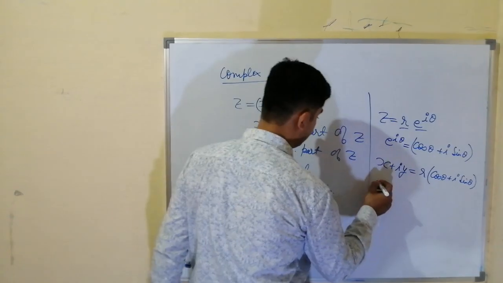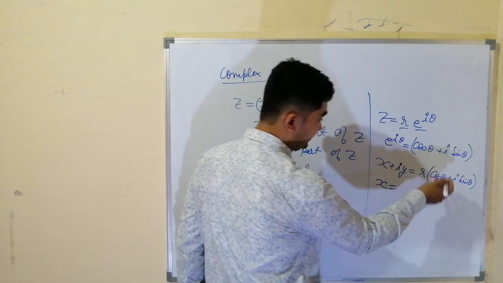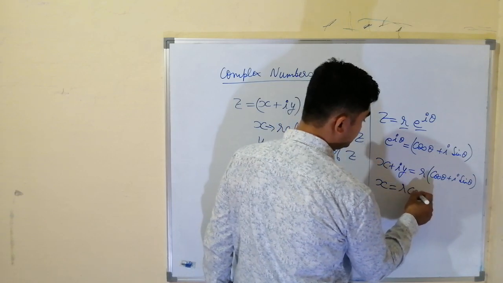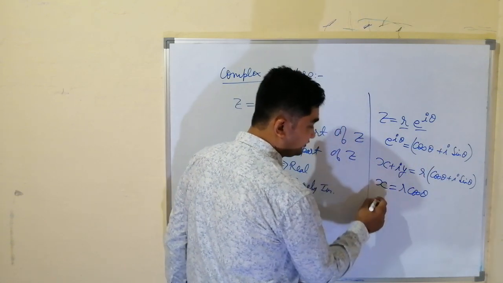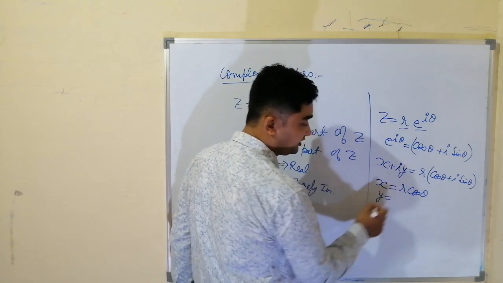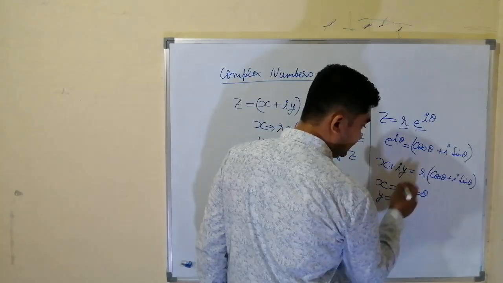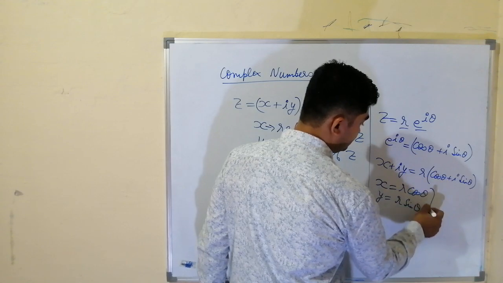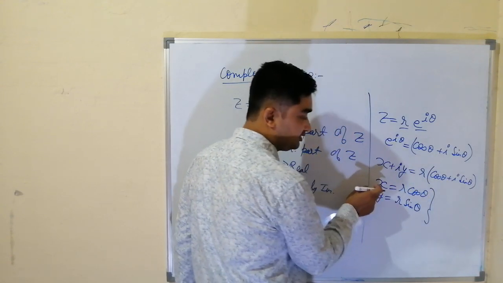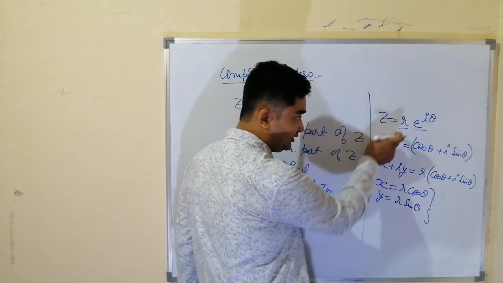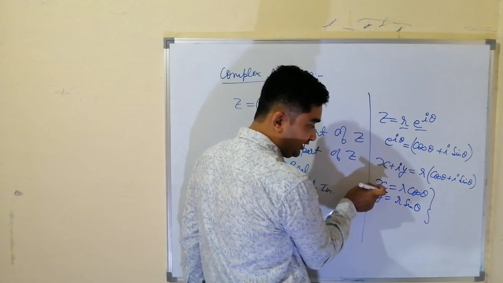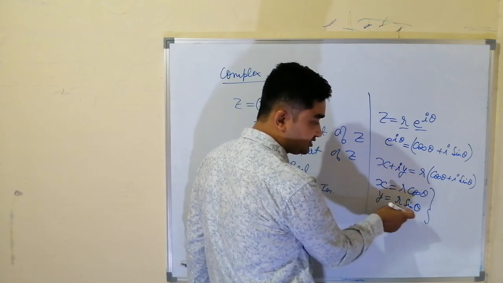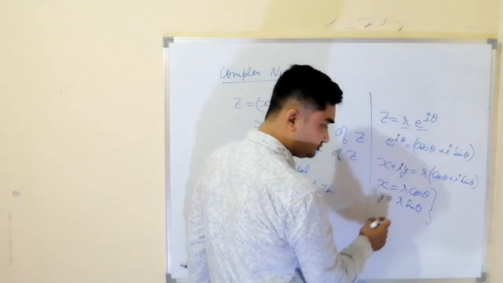On the left hand side, what is the real part? Real part is x. On the right hand side, it is r cos theta. On the left hand side, the imaginary part is y. On the right hand side, the imaginary part is r sin theta. So from this we get that if we are writing in Euler form, then x is r cos theta and y is r sin theta.